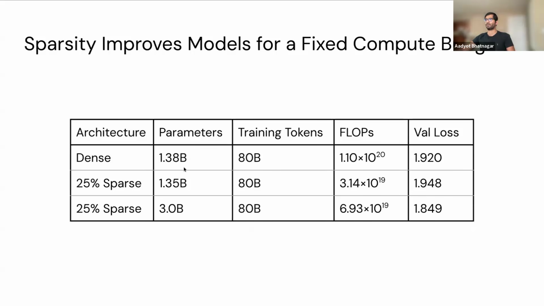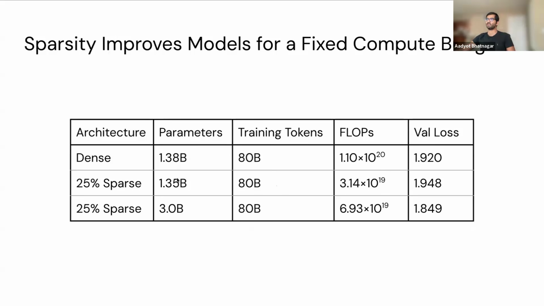We fixed the amount of parameters and we fixed the amount of training tokens. And then we evaluated the validation loss at the end of training. So you can see that for a fixed parameter count, you get a slightly worse validation loss with a sparse architecture. However, you should notice that you're using about 3 times fewer flops.